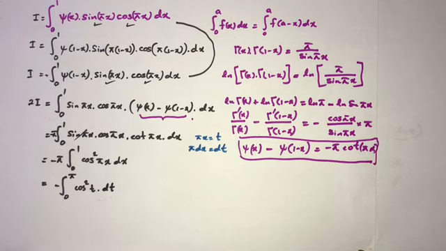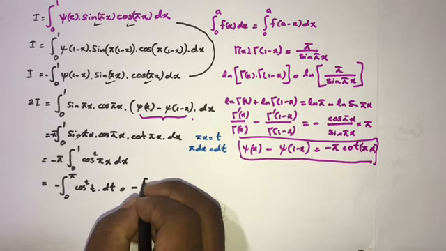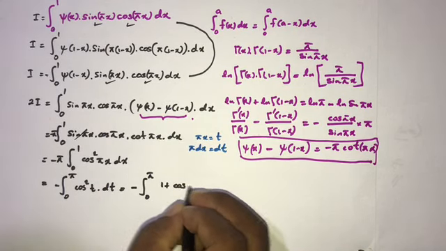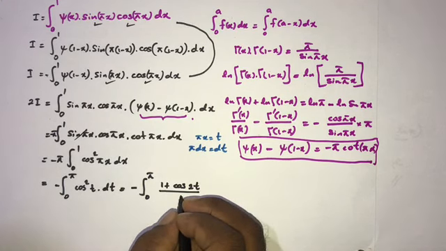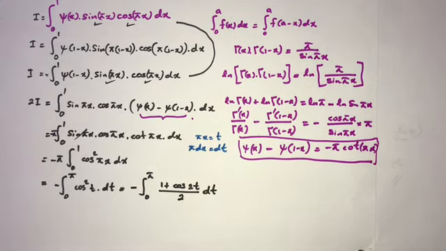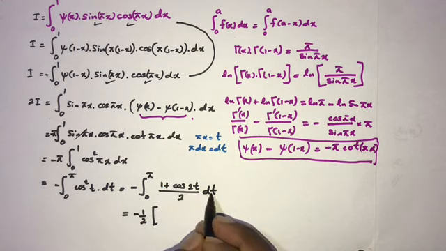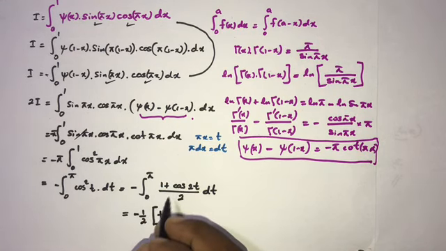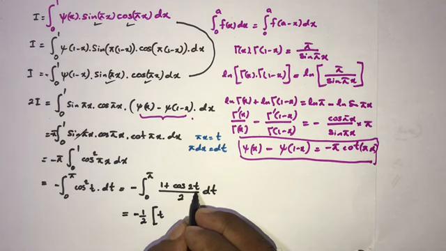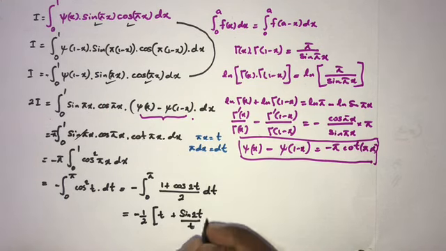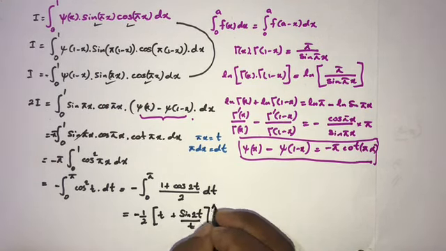Well, now here minus sign. Now we can write minus integral from 0 to pi. Now instead of cosine square, we can write 1 plus cosine of 2t over 2 dt. Now here minus 1 half, integral of 1 dt is t, and the integration of cosine of 2t is sine of 2t over 2, limits 0 to pi.